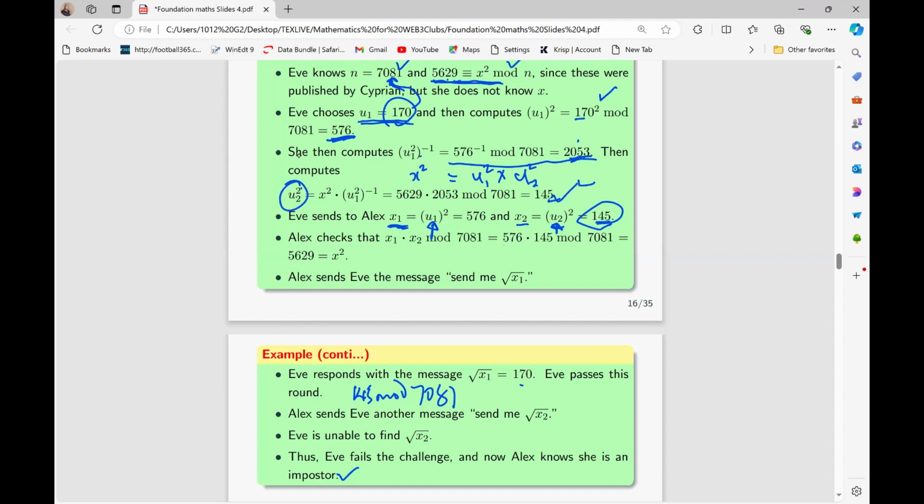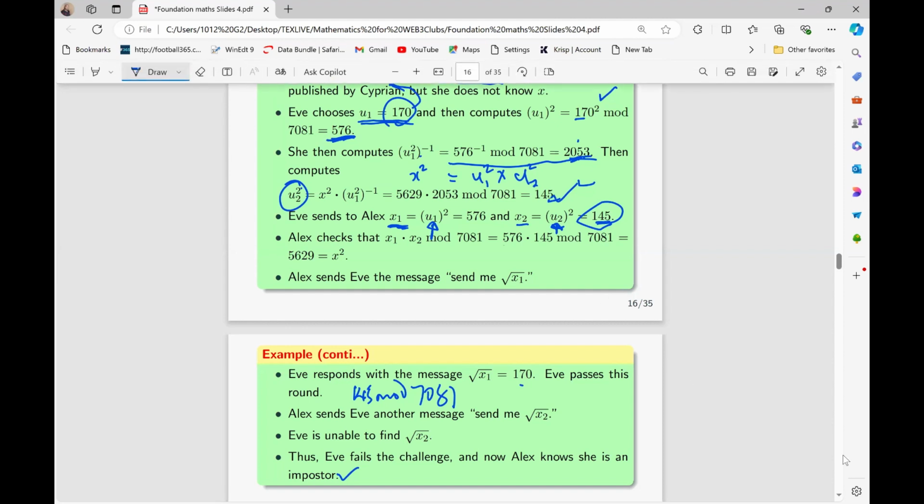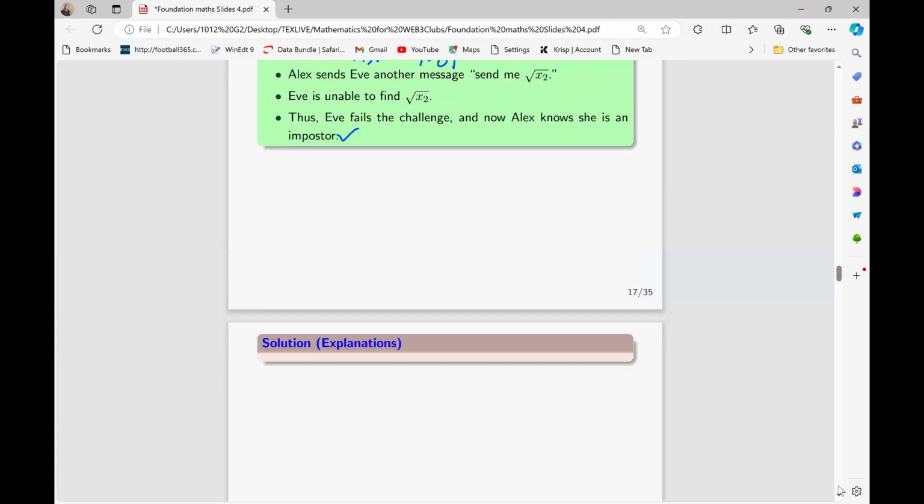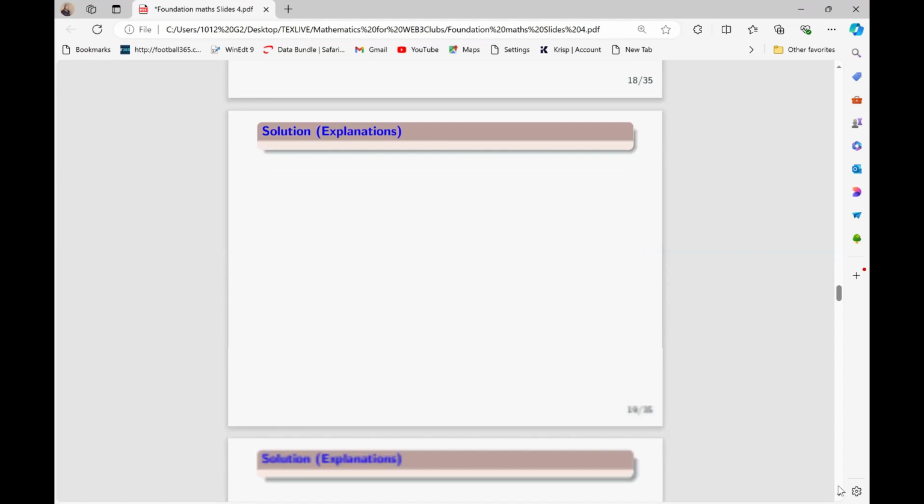It was 145. She did not calculate for U2. She calculated for the square of U2. For you to calculate for U2, you must be knowing X. She did not know what X was. So that is how the imposter comes in and then fails.